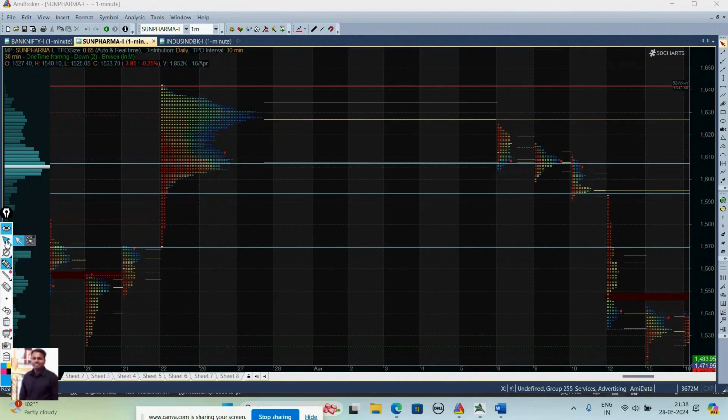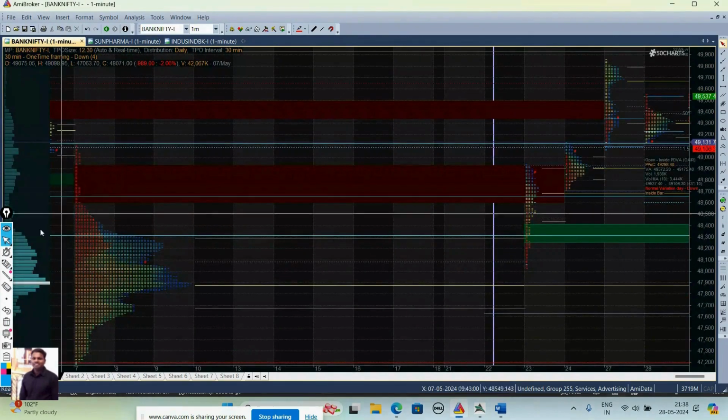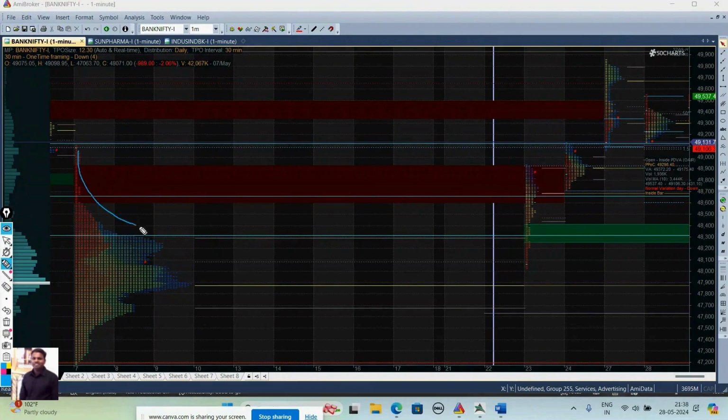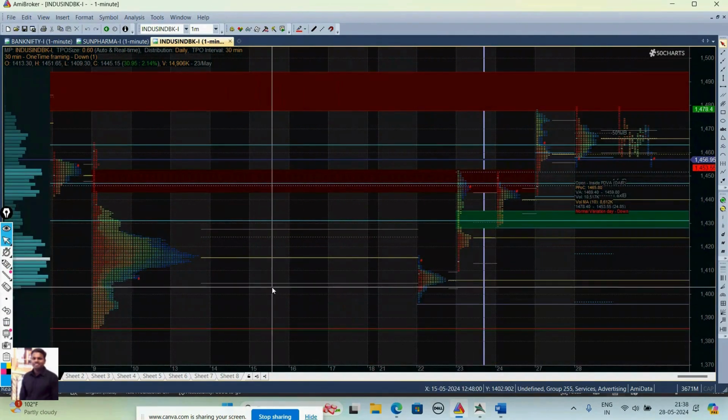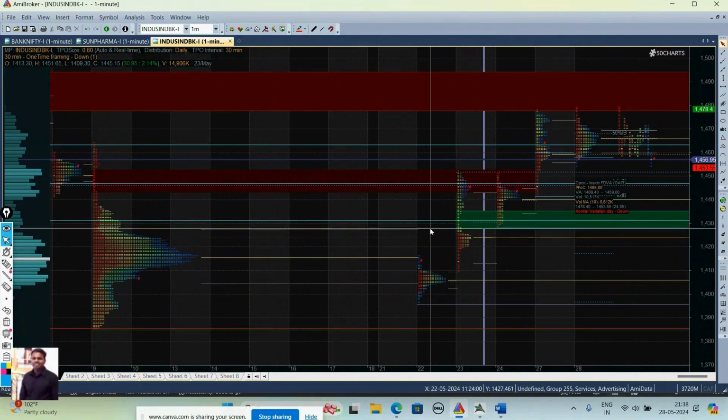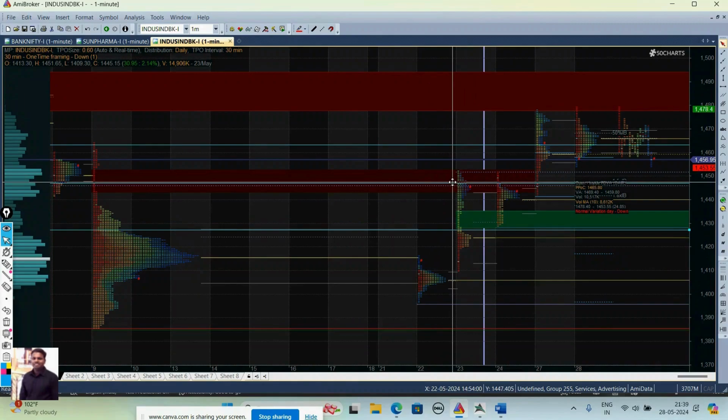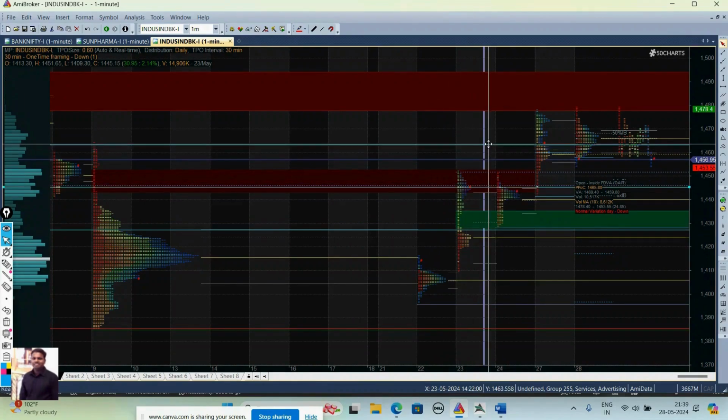This is another type. Gap is on the upside, so it will travel through SD1, SD2, SD3 targets. This type of bell curve is center development, so it will travel to, this is SD1, this is SD2, this is SD3.